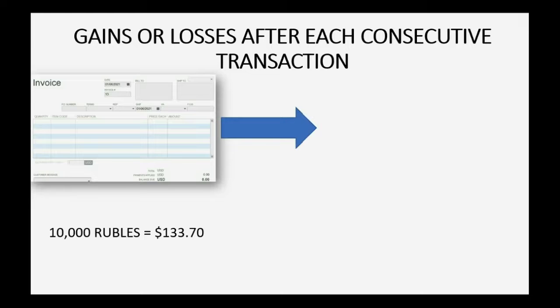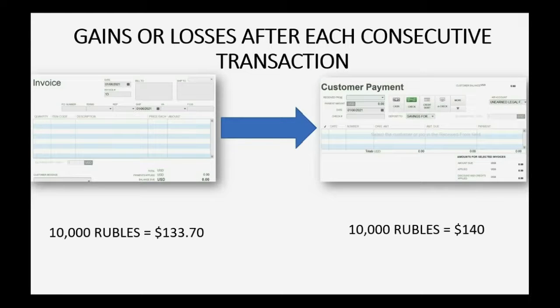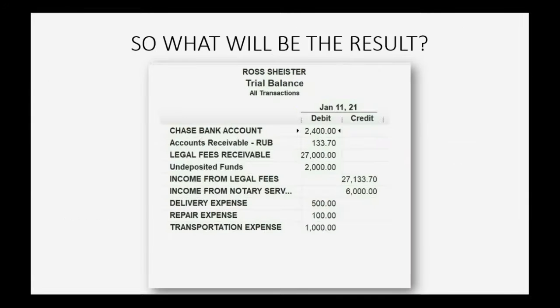And then we held on to that invoice, and then the day we got paid, that day the rubles, those same 10,000 rubles, were then worth $140. So you just gained $6.30 just by waiting to get paid. And you may well ask, what will be the result in the trial balance when we get paid from Yuri?